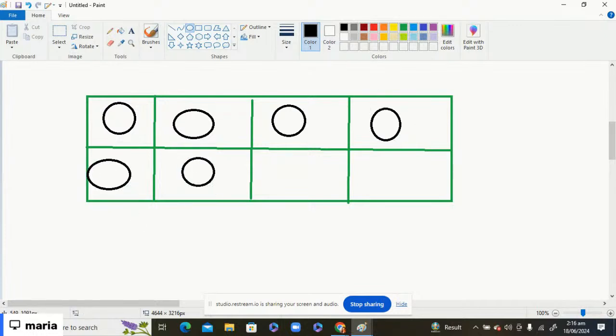So now, you guys tell me, how many more dots are needed here? How many more dots? How many spaces are left? It's one place, second place, two. So it means it's two.